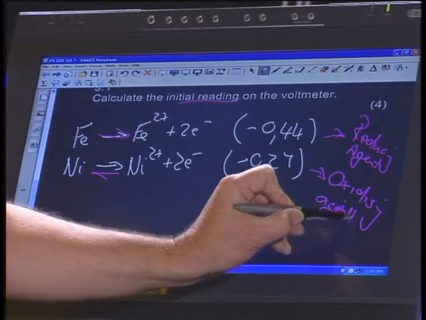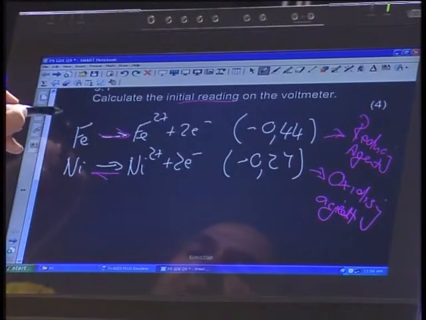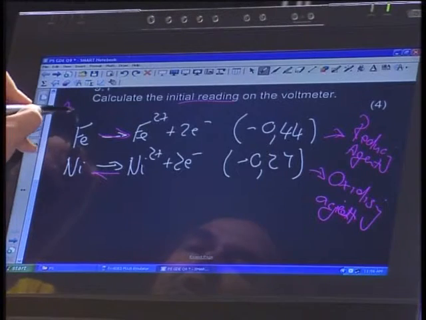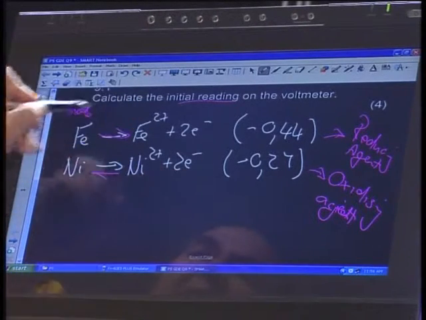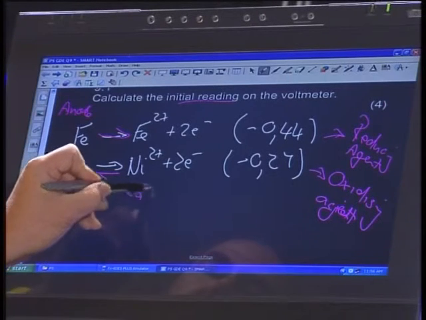So we can now recognize that the reducing agent undergoes oxidation. So this is the anode. Remember, anode oxidation, whereas this one is the cathode.